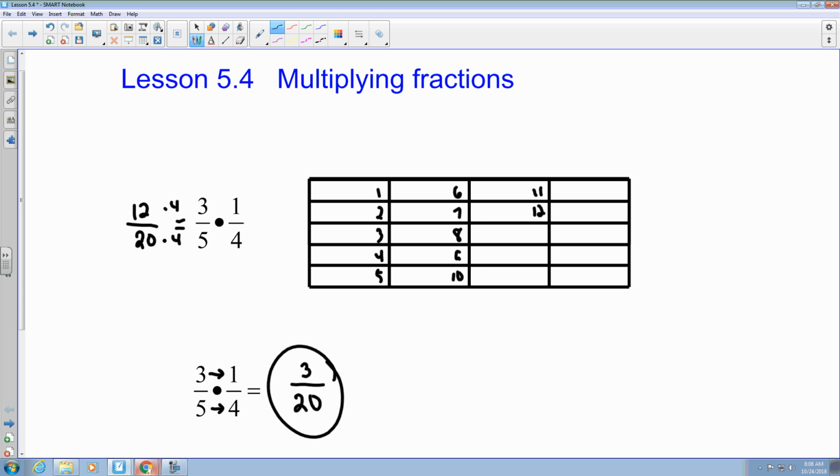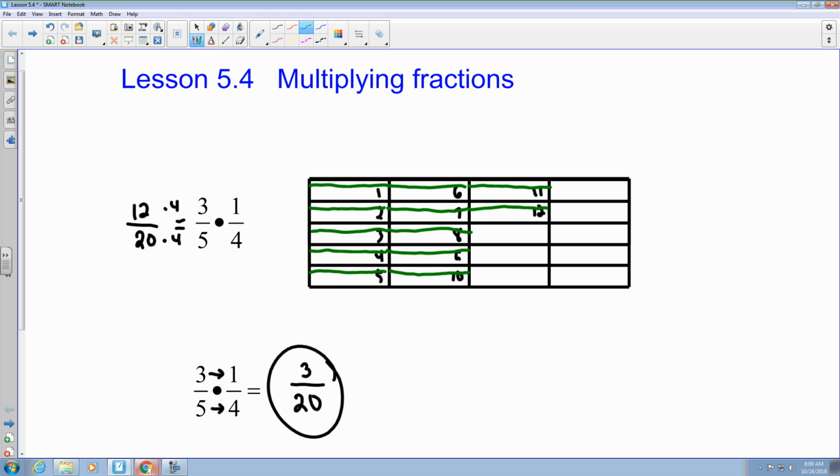From each individual rectangle, we are going to take a quarter. So this is a quarter, this would be a quarter, here's a quarter, here, here, here, here, here, and then finally here and here. So we have 12 different quarters.